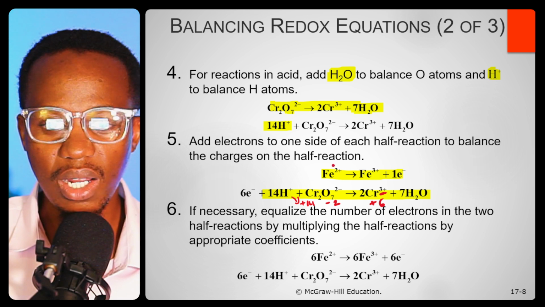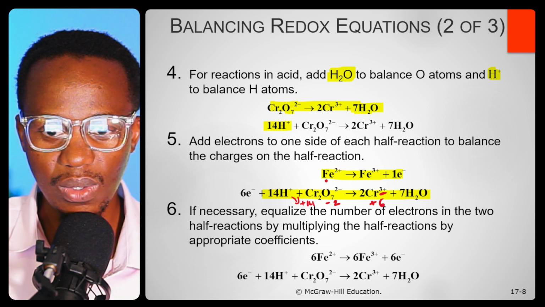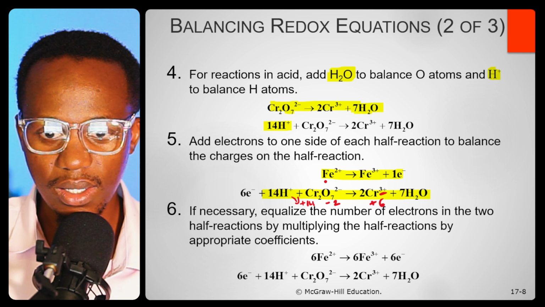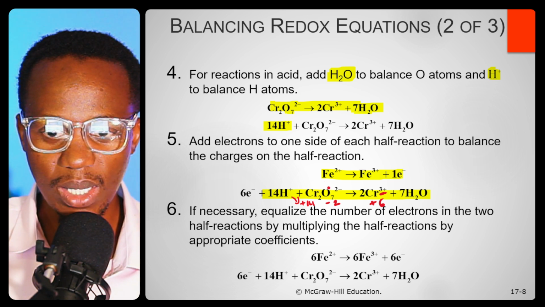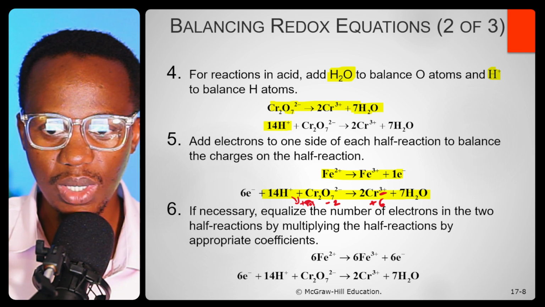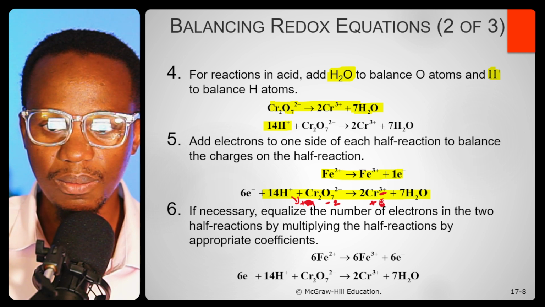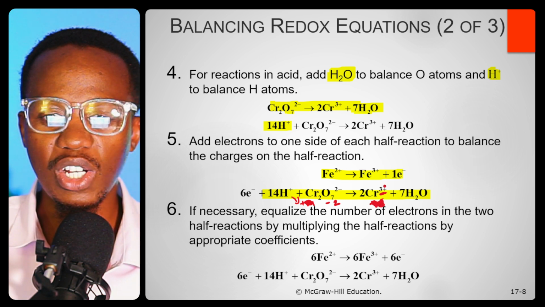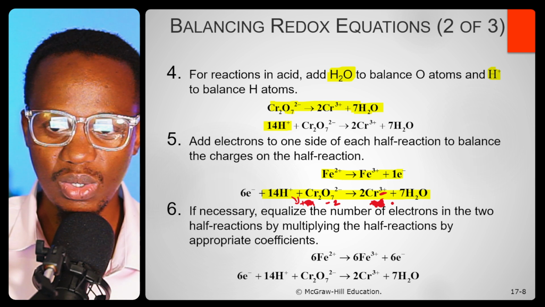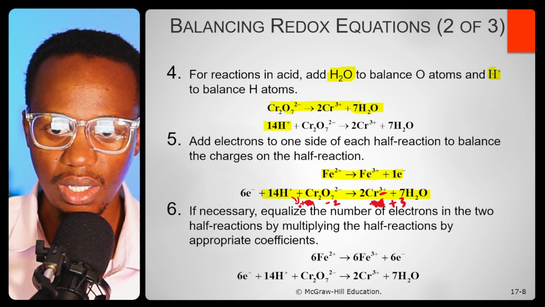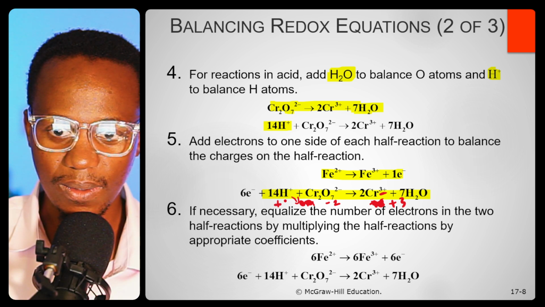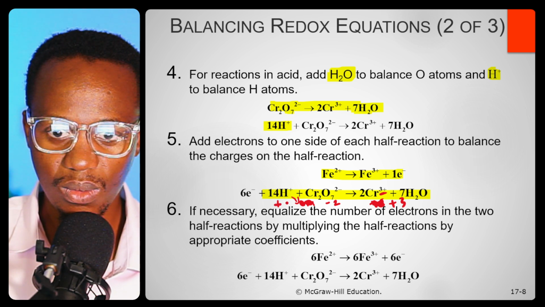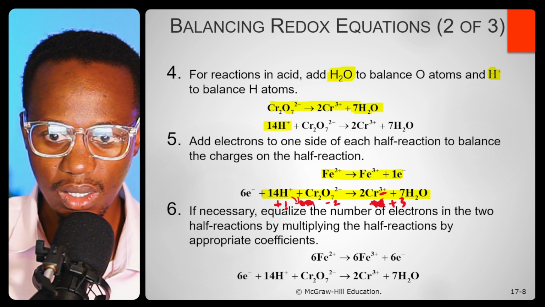And if the charges are not balanced, you gotta add electrons, right? So you're gonna be like, okay, if I have these charges, how do I balance them? Oh, actually, no, never mind. We are not going to multiply the charges. The charges do not multiply when you add the stoichiometry. So the charges here are plus 3. The charges here is negative 2. The charges here is plus 1.